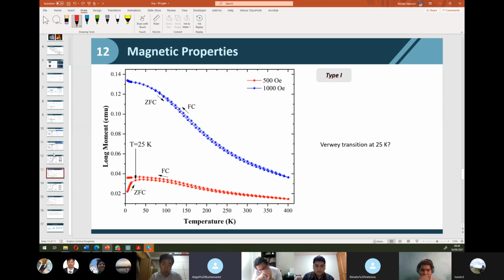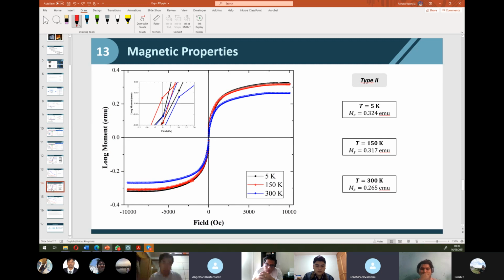Understand? Because at this temperature there is some behavior from I don't know what sample is, the ferromagnetic or antiferromagnetic behavior. In slide 14 it shows more clear.